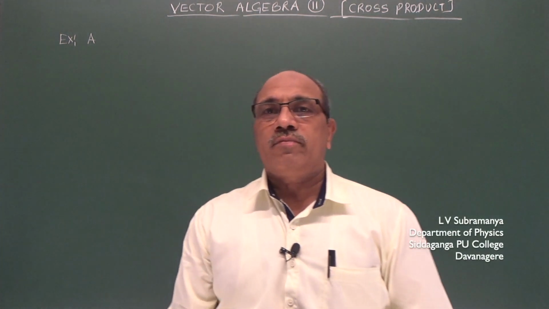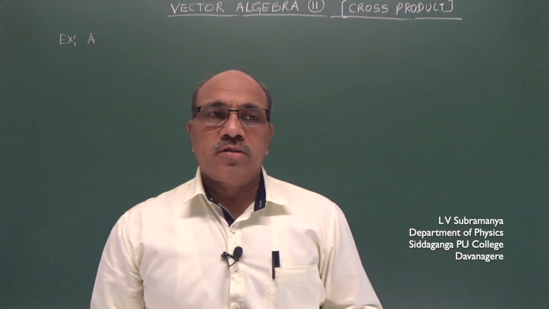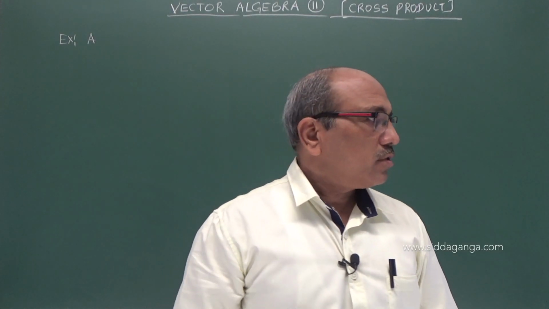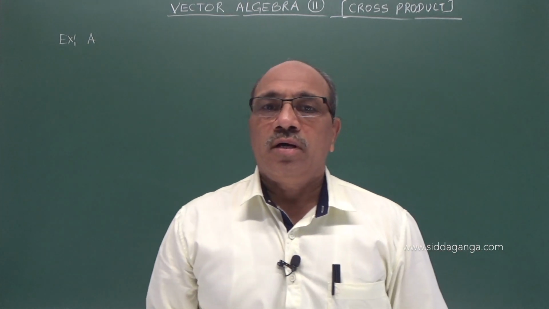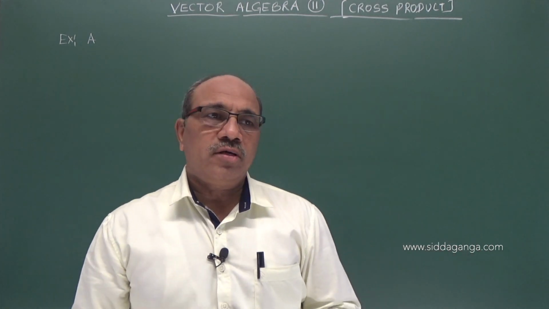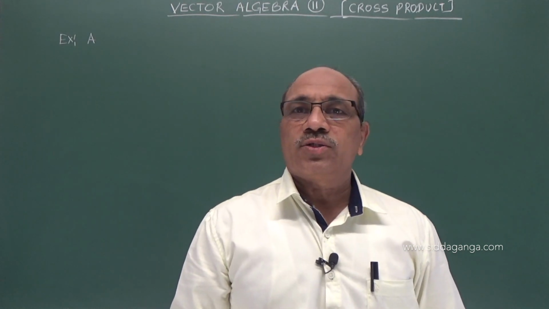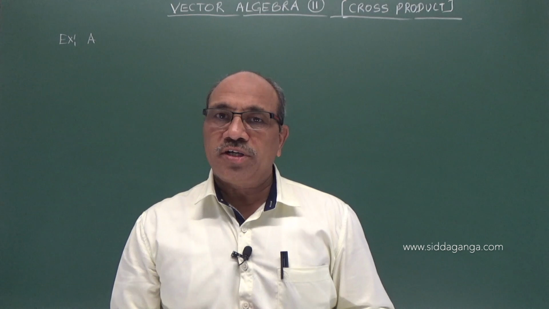Hi students, we are discussing vector addition, subtraction, vector resolution and even the vector product. As with a vector and a scalar, we discussed in the last video and also started the vector product.